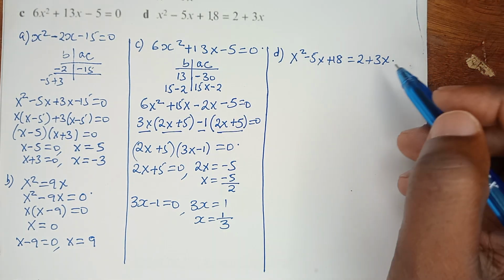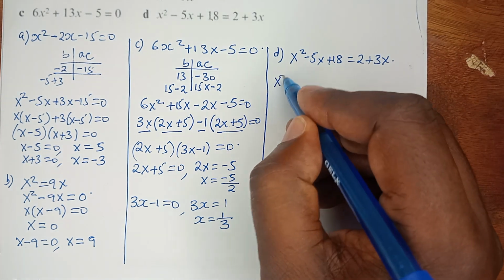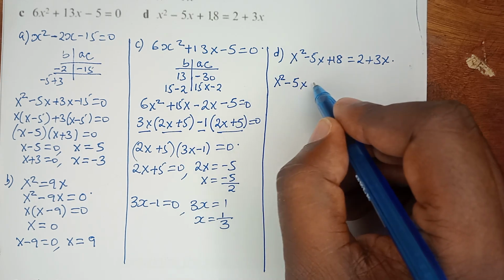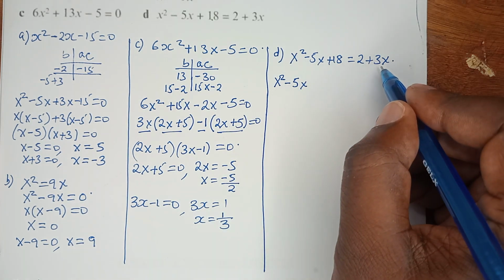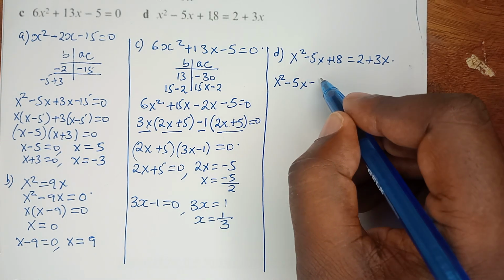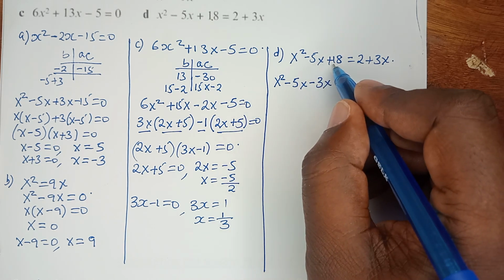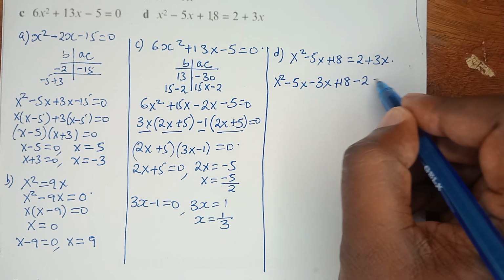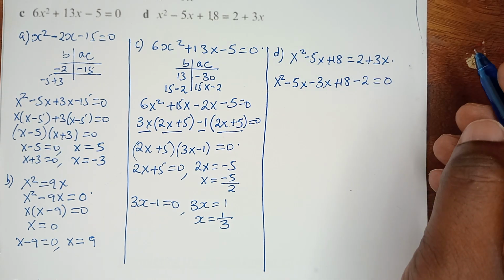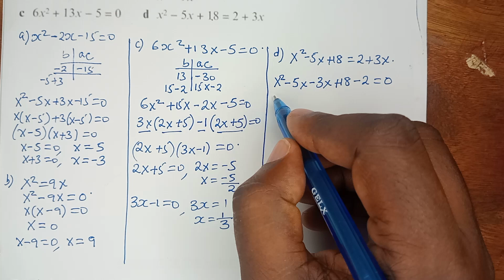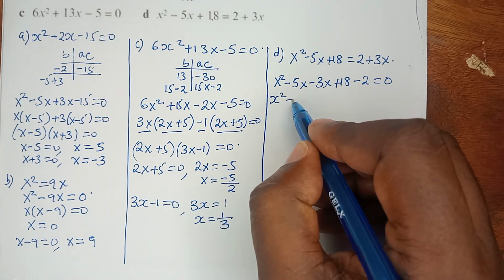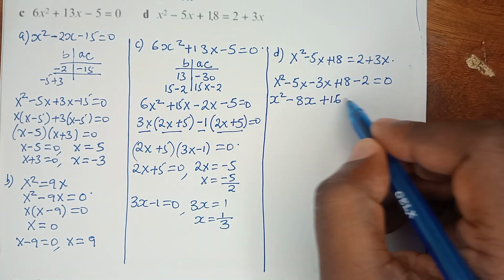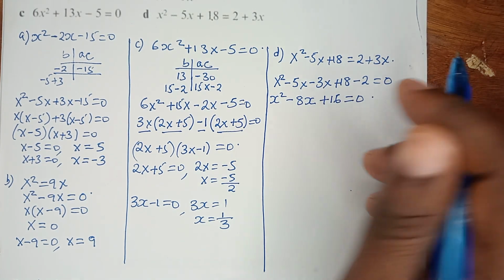So we bring everything to the left and we have x squared minus 5x. This one coming this side becomes minus 3x. This one maintains plus 18 minus 2 is 0. Collecting the like terms, we have x squared minus 8x plus 16 is equals to 0.